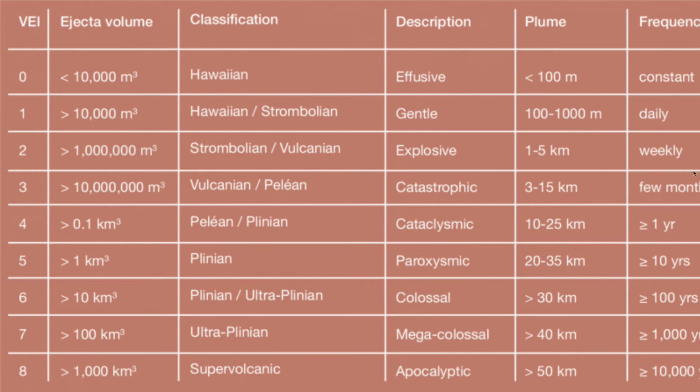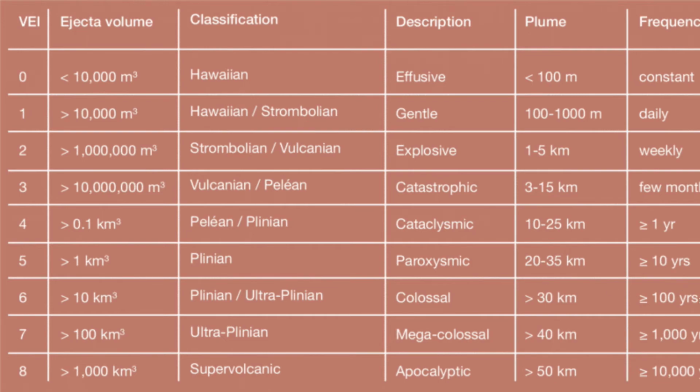In order to get the size of explosion that you are going to describe as colossal, you need the pressure to build up in your volcano for a really long time. So you've got your nice thick silica-rich viscous magma, which means that the gas bubbles cannot escape. So the gas bubbles build up and build up and build up.